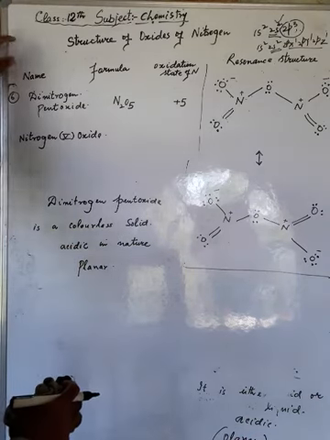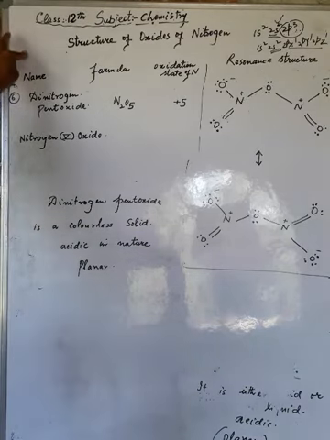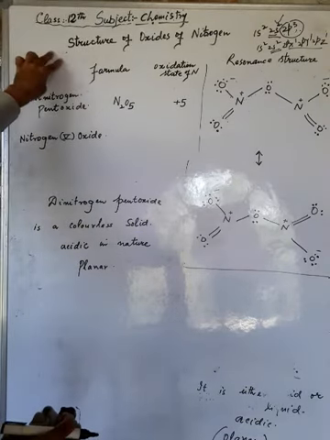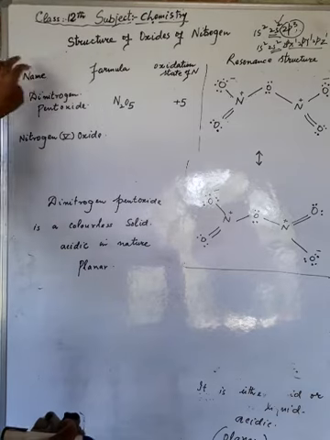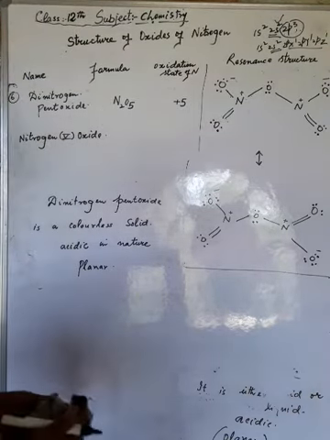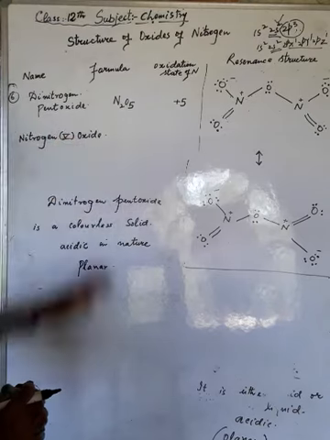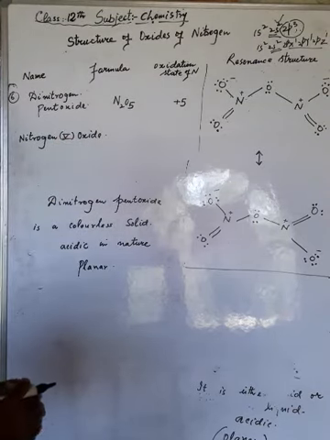Only the first two, that is dinitrogen oxide and nitrogen monoxide, वो only the first two oxides are neutral, otherwise the other four are acidic in nature.